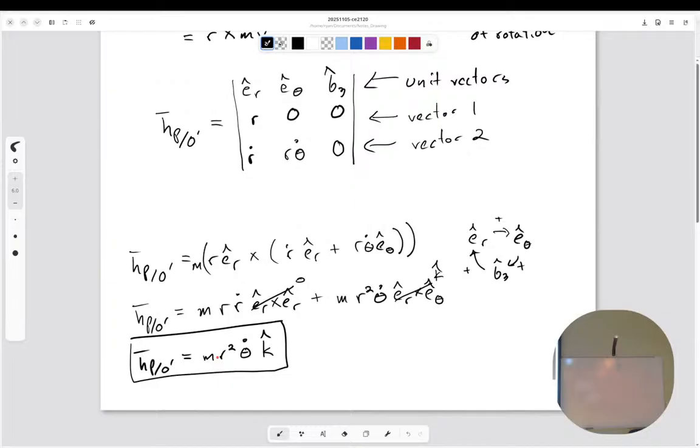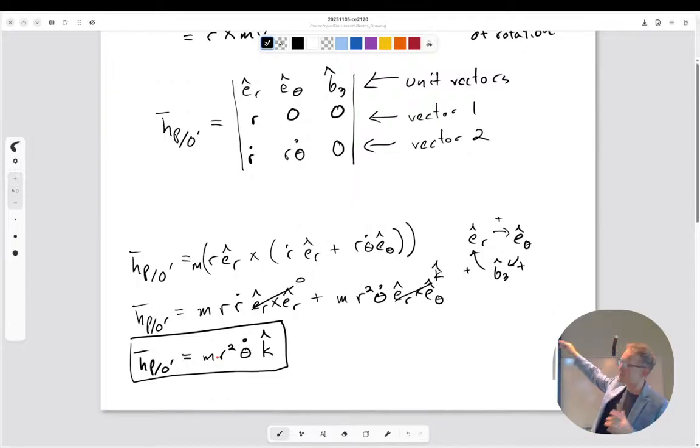So what's the actual difference? I did it this way just because this is the way I always do cross products now.